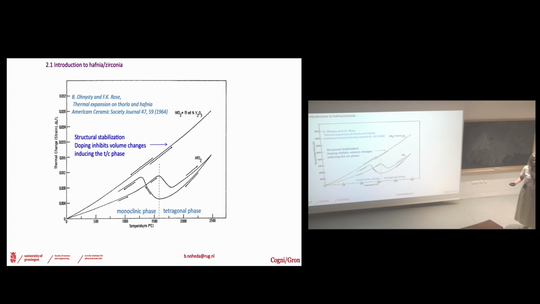This also happens with zirconia, and you may have heard a lot about yttrium-stabilized zirconia, which is used as an oxide transport system. The reason that we don't use pure zirconia but yttrium-stabilized zirconia is precisely the same thing. You want to use this for oxygen transport at high temperatures, and you don't want to have this change of volume, half a volume. Okay?